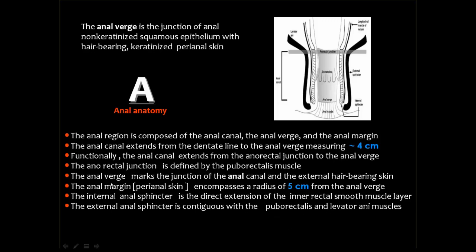And the anal verge marks the junction between the anal canal and the external hair-bearing skin. This anal verge is the junction between the non-keratinized squamous epithelium and the hair-bearing keratinized squamous epithelium, and the anal verge corresponds to this particular area.